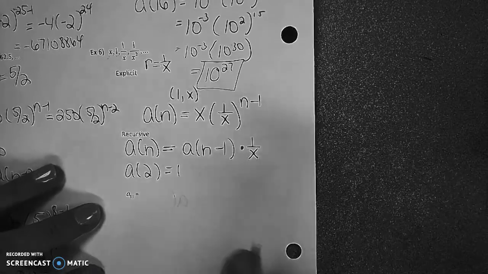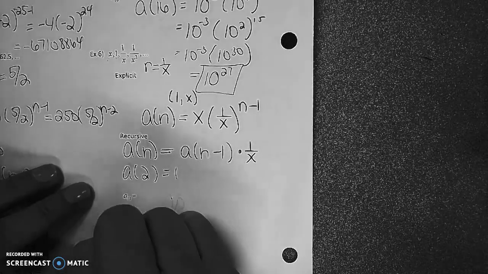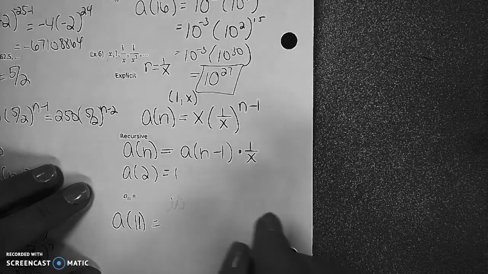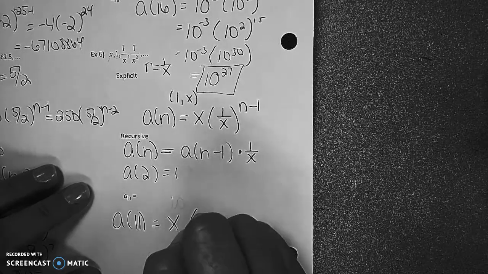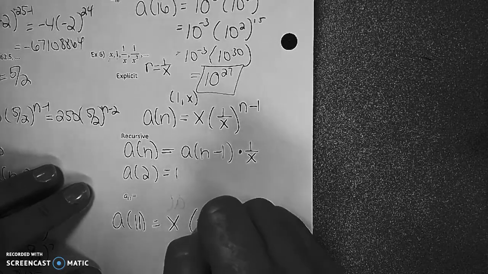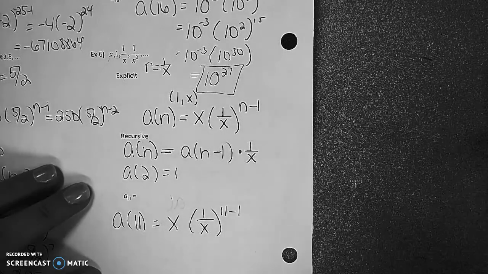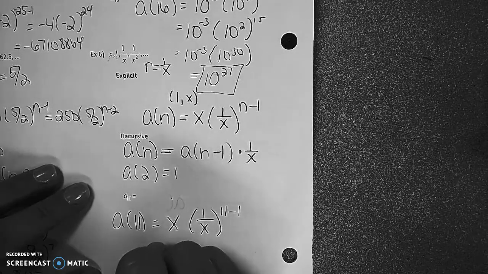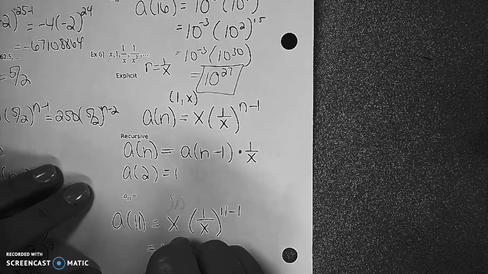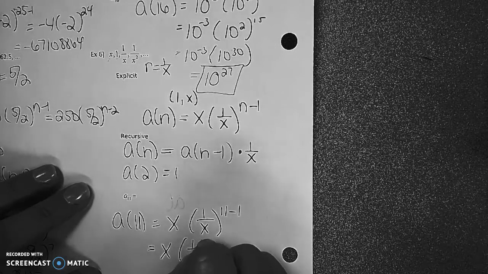And let's find a of 11. So to find a of 11, I'll take x times 1 over x to the 11 minus 1 times, which would mean x times 1 over x to the 10th.